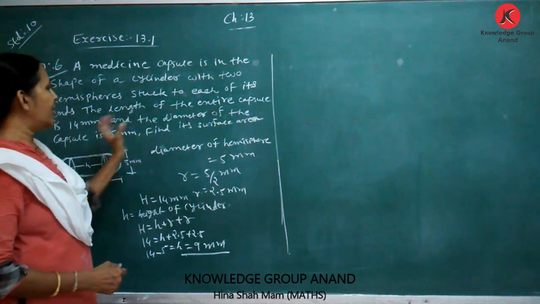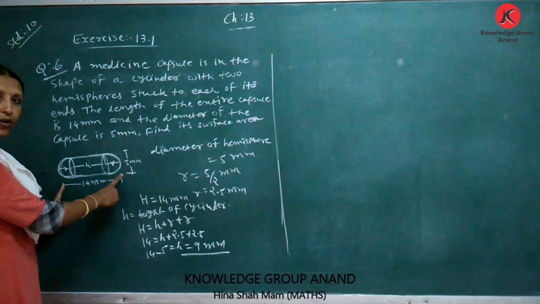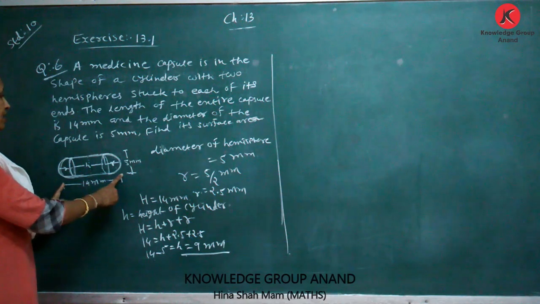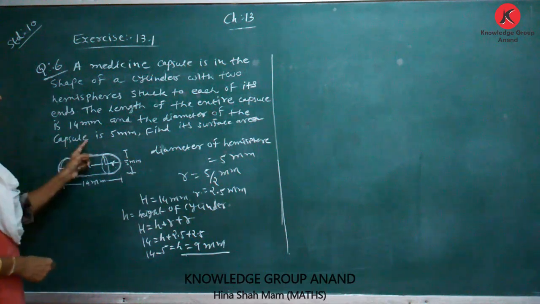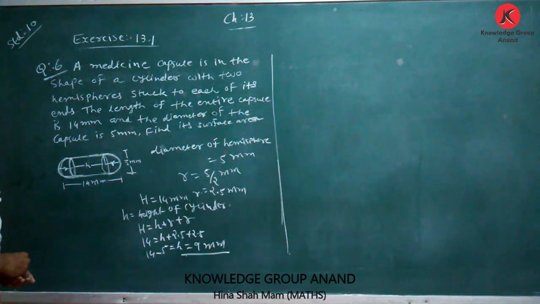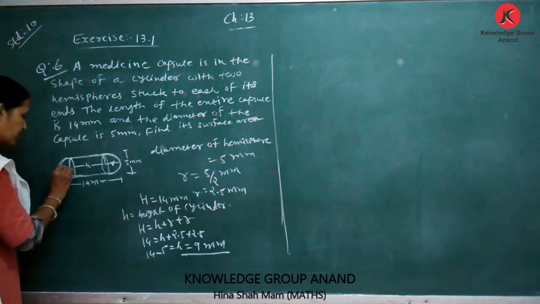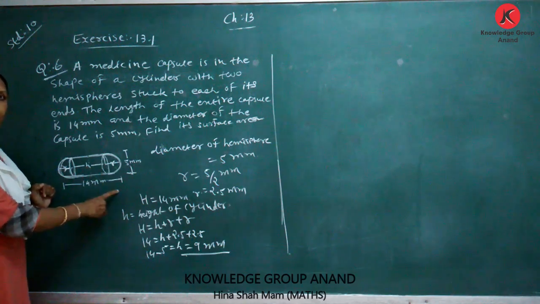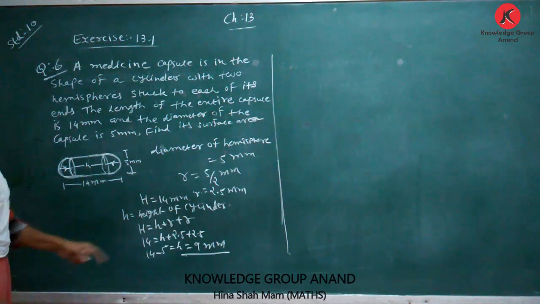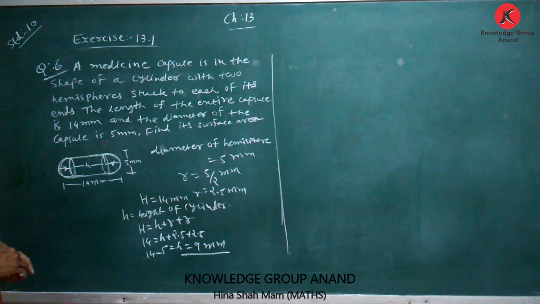The length of the entire capsule is 14 millimeter and the diameter of the capsule is 5 millimeter. Find its surface area. Here is also radius. r plus h plus r is equal to 14. Then we find h is equal to 9 millimeter.